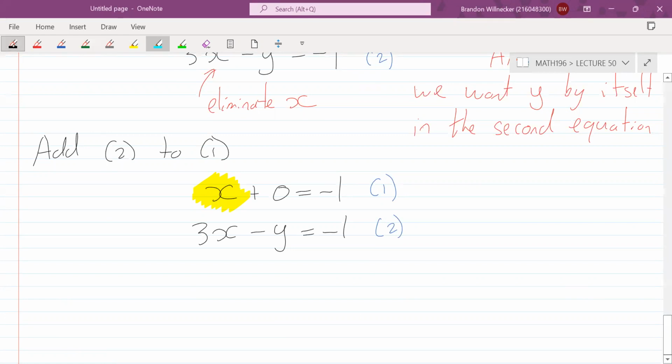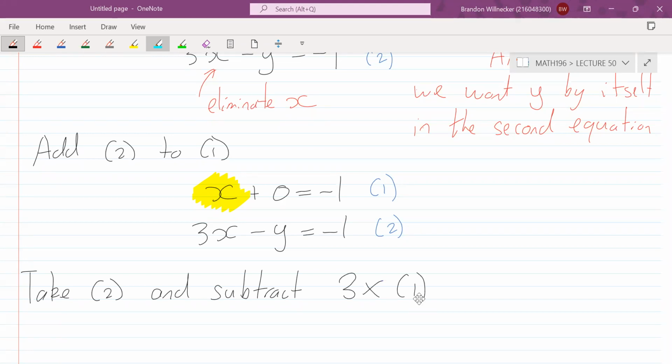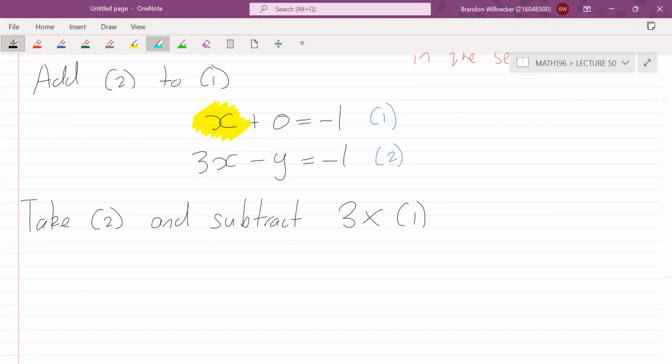So we are going to take the second equation. So take equation 2 and subtract 3 times equation 1, because then we have 3x minus 3x. Okay, so let's do that. So we're going to have x plus 0 is equal to minus 1.